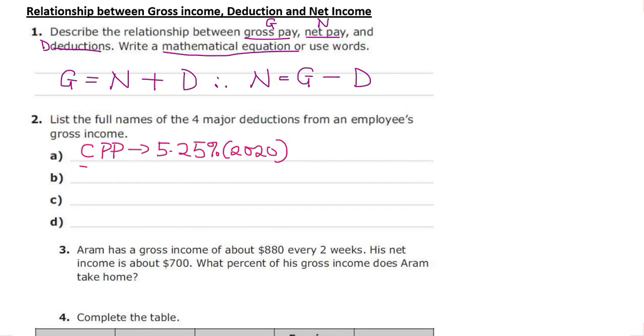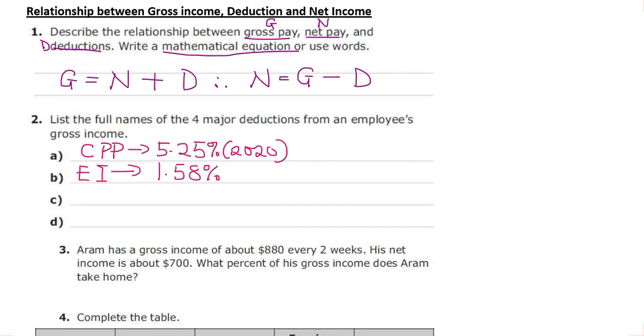Now the next one is your employment insurance, and for this year it is around 1.58% of your gross income, and this is contributed either weekly or bi-weekly, depending on how your employer pays you. So 1.58% of your gross income goes into that particular insurance plan, and this is one of them.